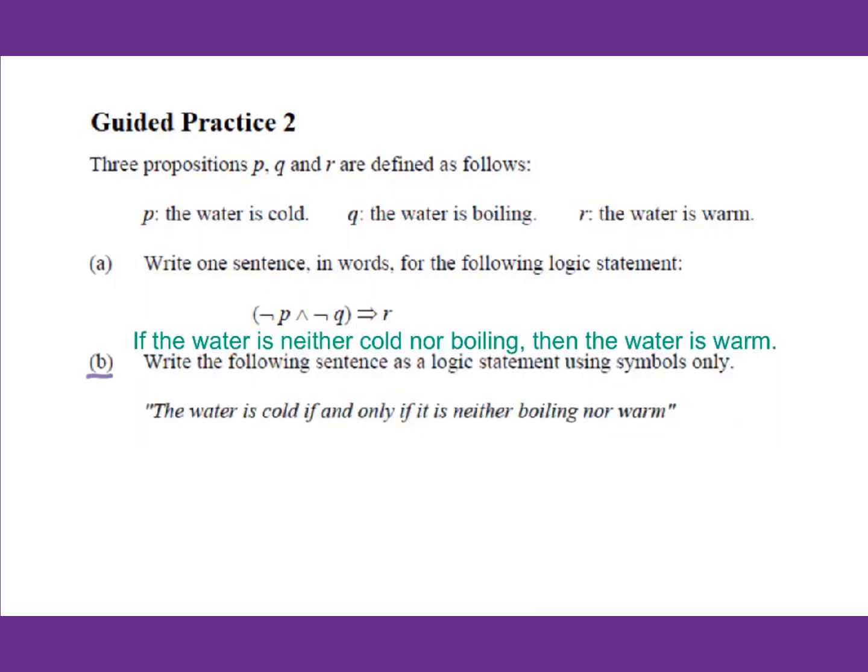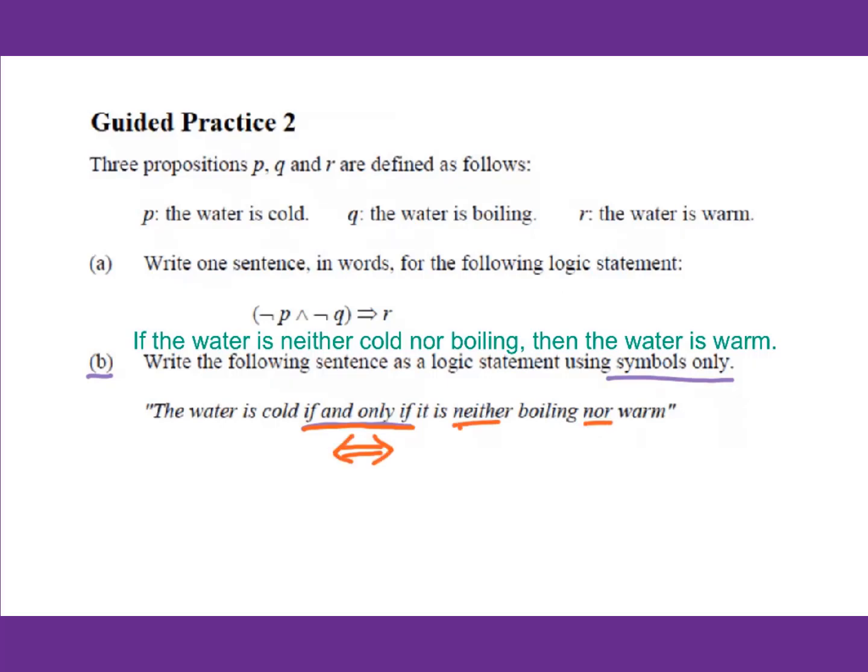Let's go to B. Write the following sentence as a logic statement using symbols only. The water is cold if and only if it's neither boiling nor warm. Here are the keywords: if and only if. We have to use this symbol.